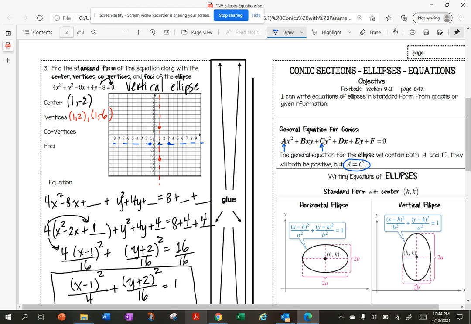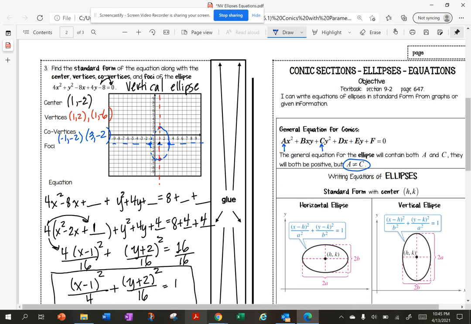So my co-vertices are at -1, -2, and 3, -2. I'm sorry, at 3, -2. So here is the outside of my ellipse.